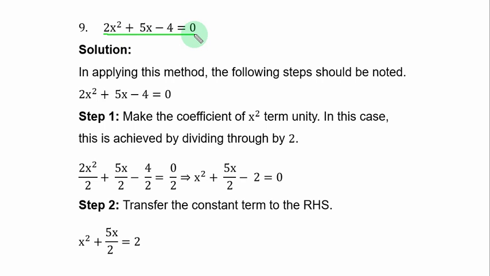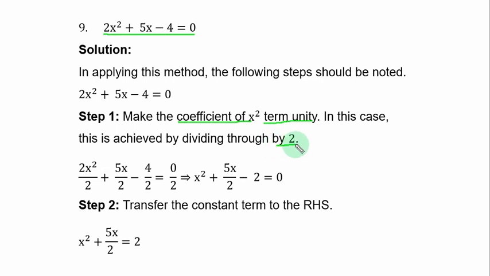So step 1, make the coefficient of the s squared term unity. That is, the term that has the highest power, it might be s or any other variable, make its coefficient to be 1. To achieve that, in this case, you have to divide through by 2.